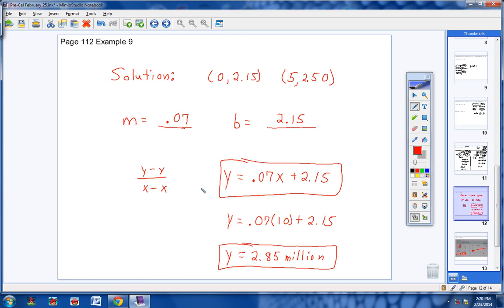All right, let me say one more thing. If you look over one page to page 113, you will see there's a way to use your calculator to find a regression line.